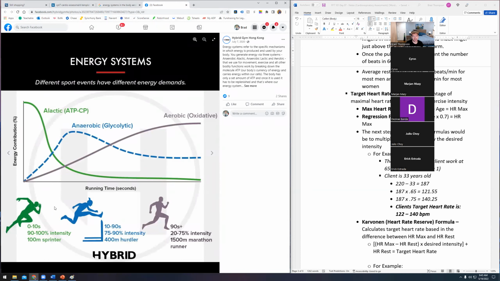So if we look at this, this green line is representing maximum effort, super short duration sprinting, like a 100-meter dash, 10 seconds long.